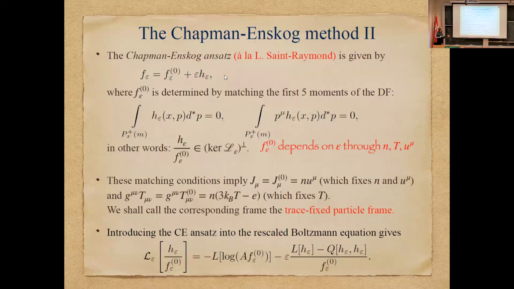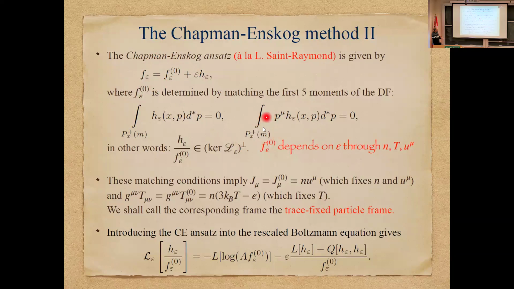And now you fix this F epsilon 0 by requiring what are called matching conditions. What you demand is that the first 5 moments of your distribution function F0 match the first 5 moments of the full distribution function. In other words, the integral of H epsilon should be 0, so that the first moments of these two are equal.